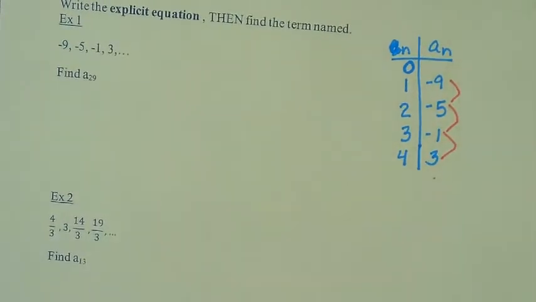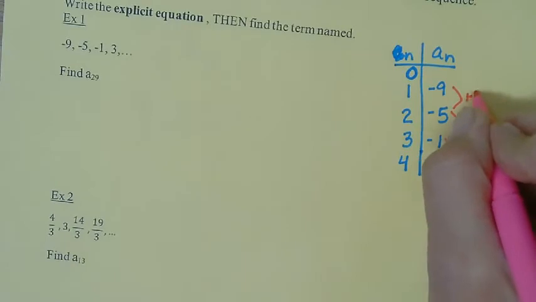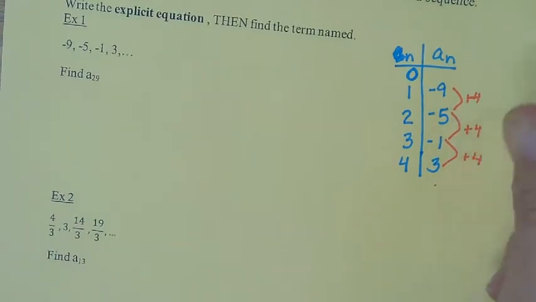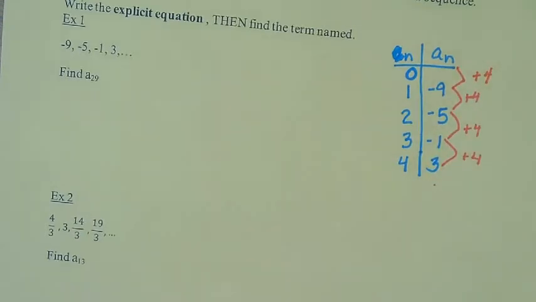So what are we having to add or subtract there to get to the next term? And that works all the way down, right? So we're going to use that to also get our 0 term.